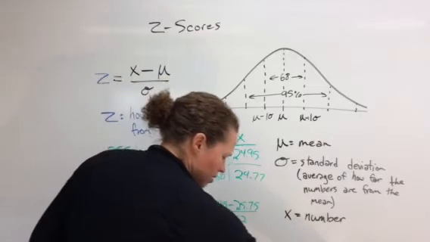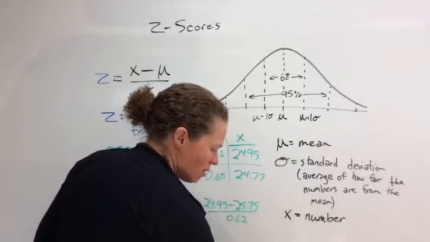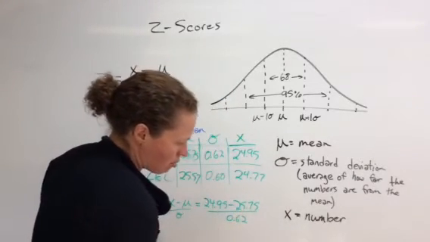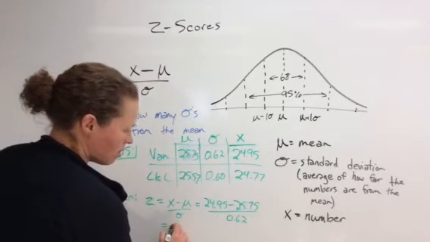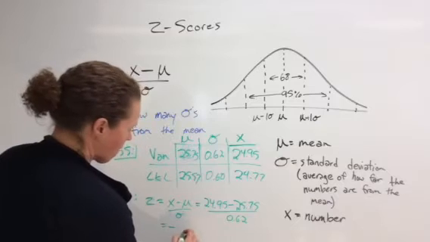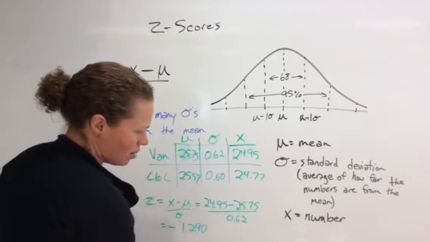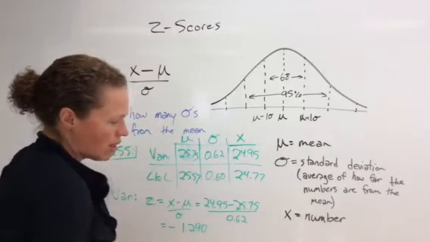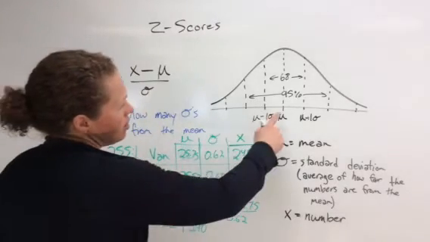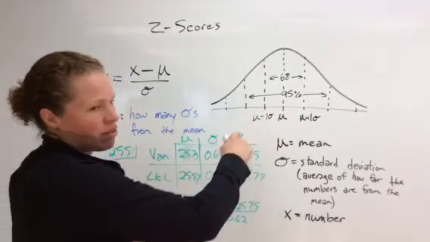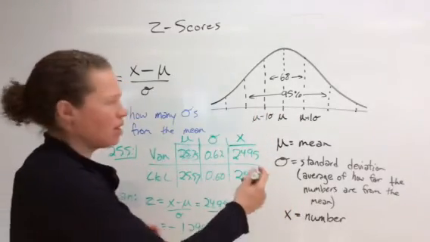So if I subtract these and divide by 0.62, her z-score here is equal to negative 1.290. What that means is she's below average, which in this case is good because it's a running time.